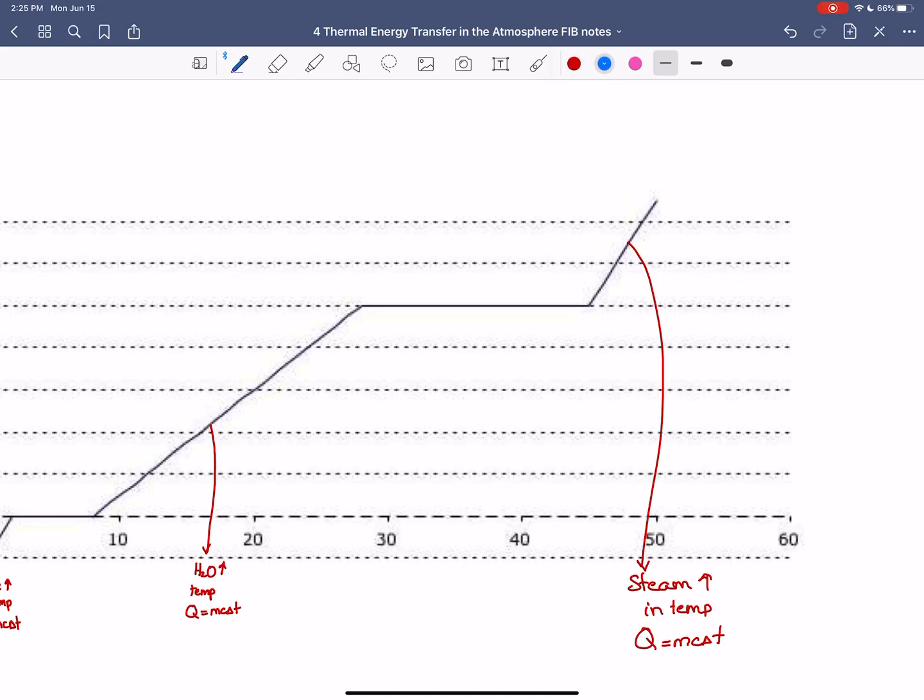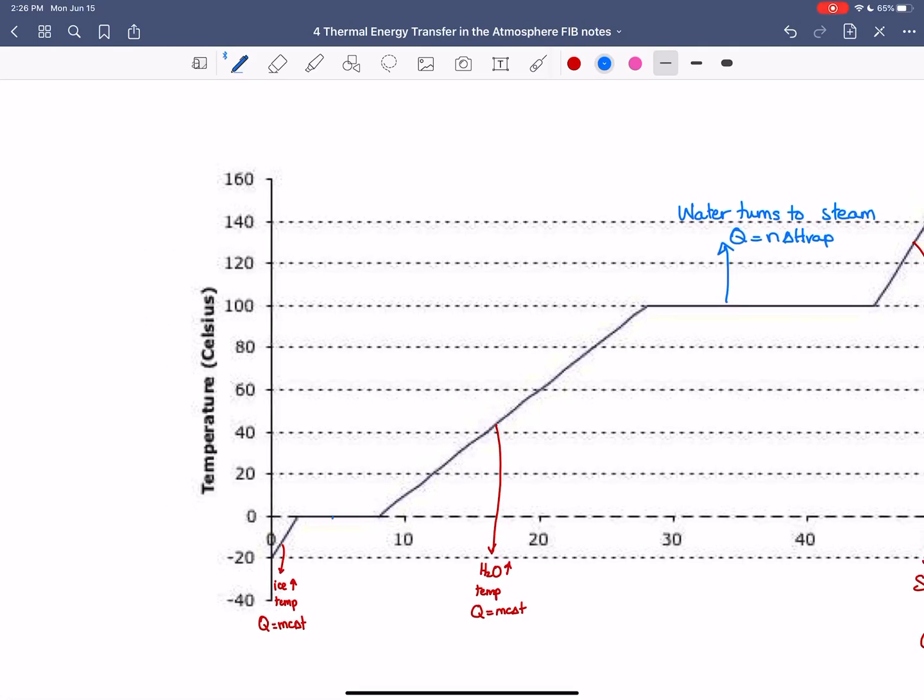In these sections right here, I just have water turning to steam. That's just a phase change. And so here I would have Q is my n times my ΔH vap.